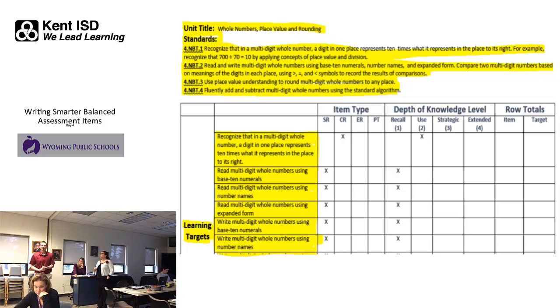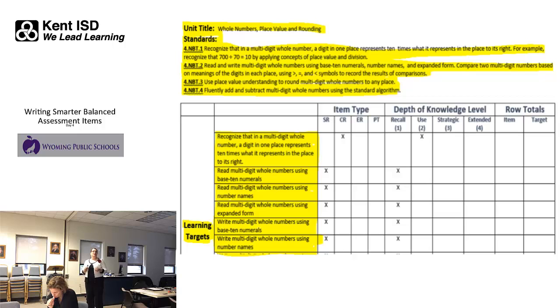ELA side of it. And I also think this is the point where we talked, I think it was in the first or second session, about how many questions you have per learning target, per standard, and that whole professional judgment comes in because you are professionals. And you have to determine what's going to be appropriate for your students. And so a lot of you said some of our assessments are really long.